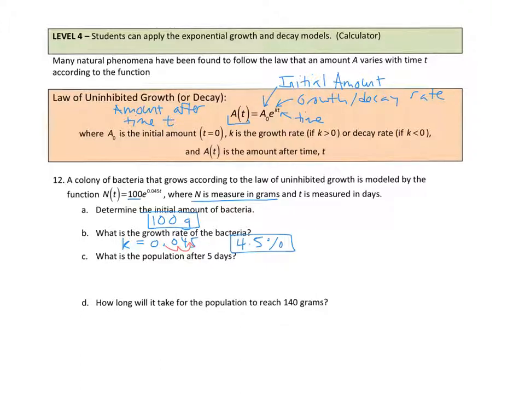The population after 5 days, we take our formula and we plug in t equals 5. So n of 5 would be 100 e to the 0.045 times 5.